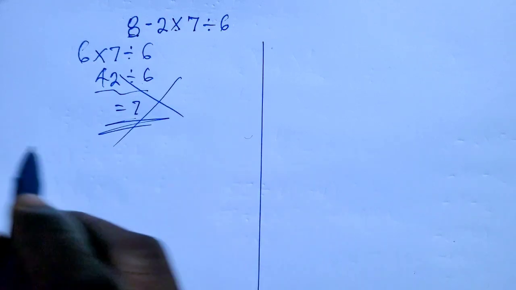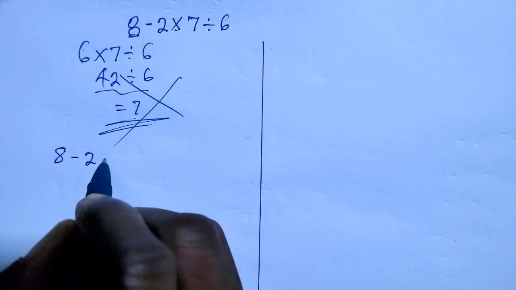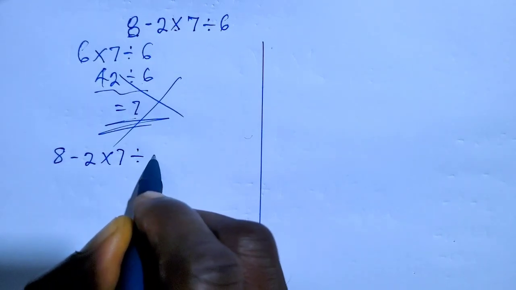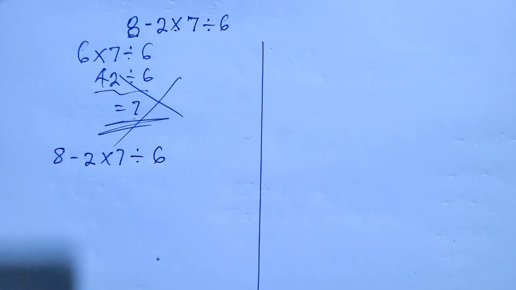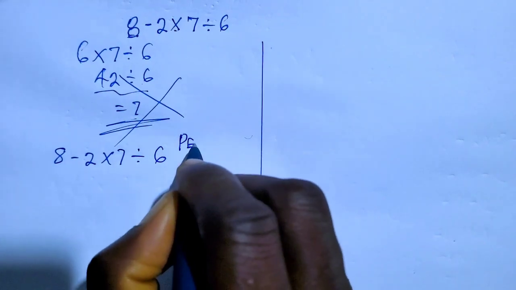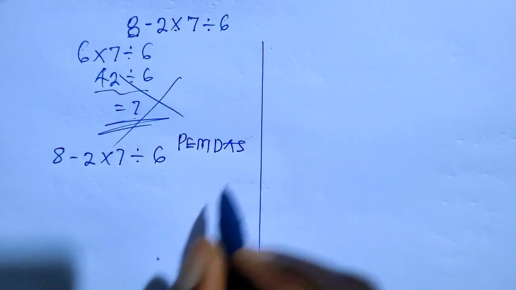Now to get this right, we are going to have 8 minus 2 multiplied by 7 divided by 6. At this point, we are going to consider this order of operation called PEMDAS.